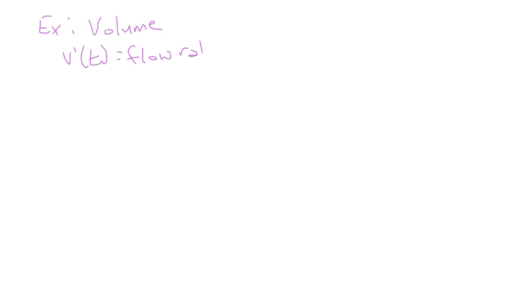If we integrate that flow rate to find our regular v of t, then that just means v of t is going to be our change in volume. Or really, by that we mean v of t2 minus v of t1.